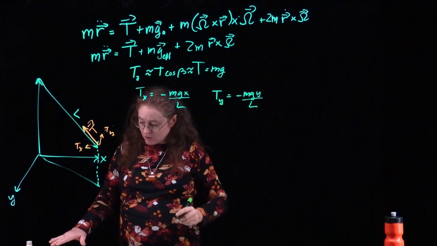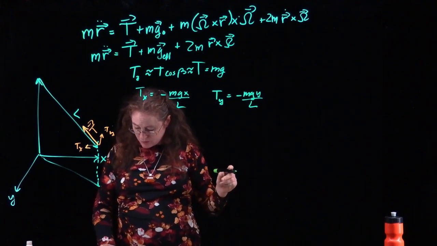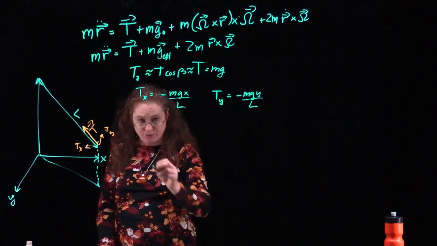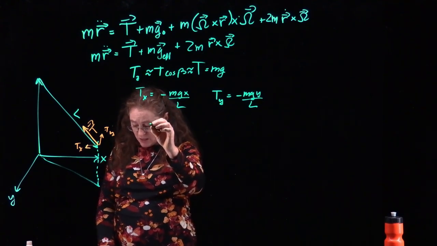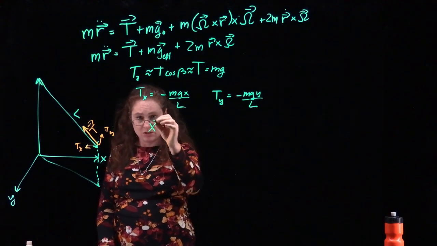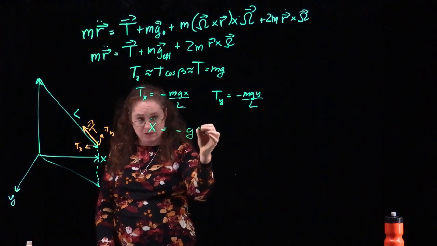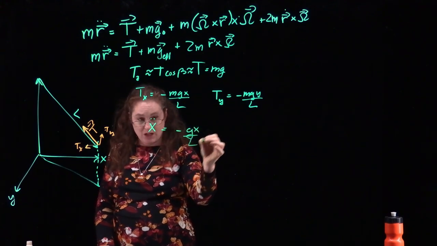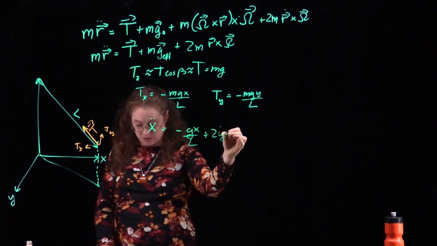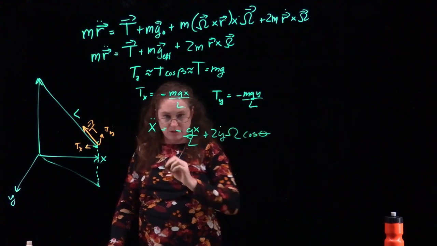And we can use the same result that we had before, except now we are adding a term due to tension. So x double dot, we now have, is equal to gx over L plus 2y dot omega cosine theta.